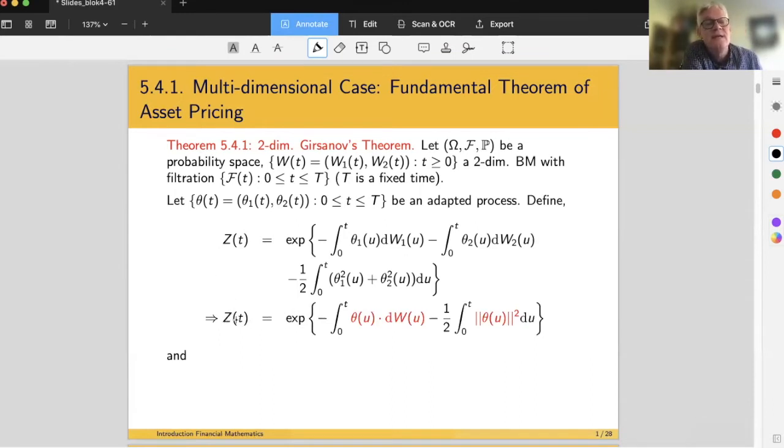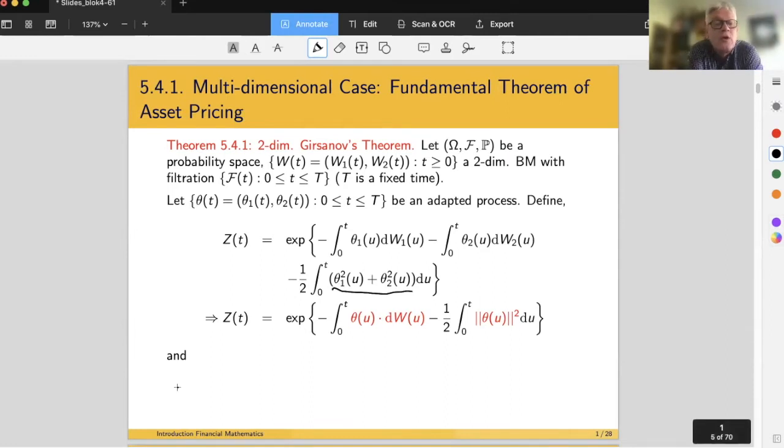Z(t) is then e to the power minus the integral from 0 to t of the inner product of theta(u), the vector valued theta(u), with dW(u), minus 1/2, and then the book writes this as a norm. So that is the integral from 0 to t of the norm of theta(u) squared. So that is the exponent here.